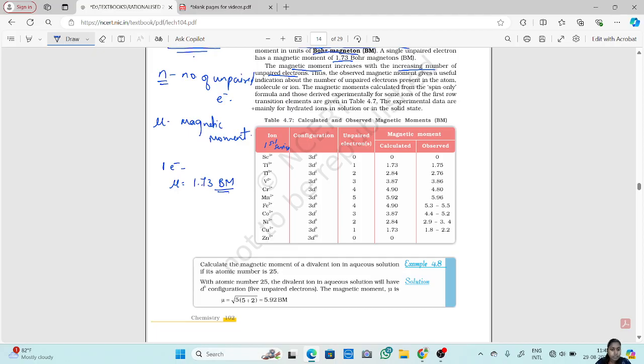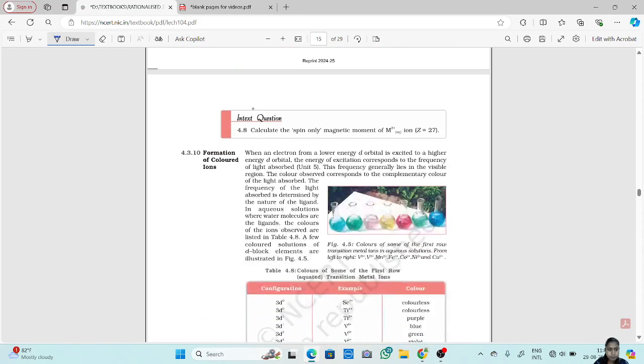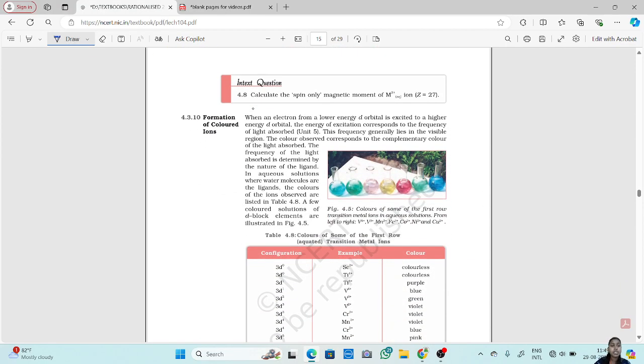For these first series elements, they have calculated the magnetic moment using the spin only formula, and these are the observed magnetic moments derived from experimental work carried out using these molecules and atoms.